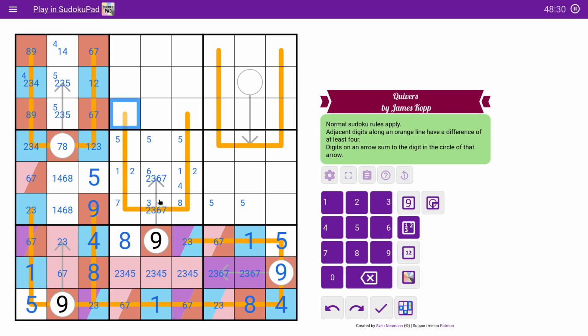If this is 9, that's 1, 2, 3, or 4. This is 2 or 3, you simply have 2, 3 eliminated in a row. Yeah, I think there's no way for this to have a 2 or a 3, but that's really not helping.